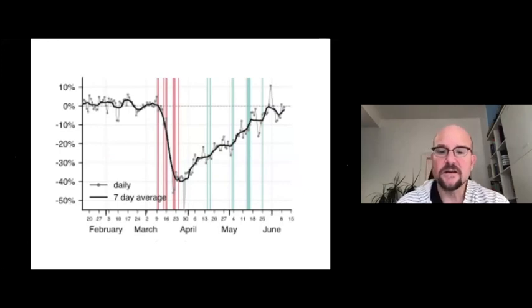And then it relaxed back to normal, and the green lines are sort of lockdown release measures put in place by politicians. But you can see it moved already back in the return direction before these measures were in effect. And then by the end of June, everything was back to normal.